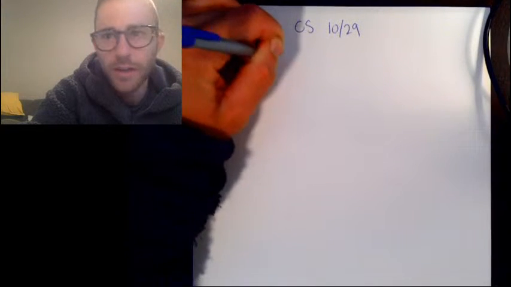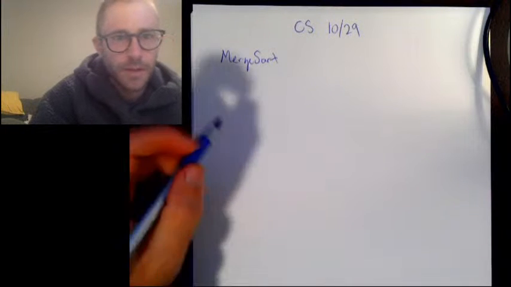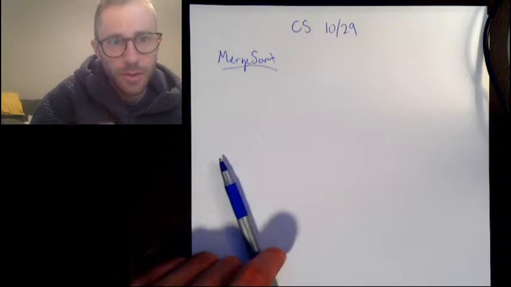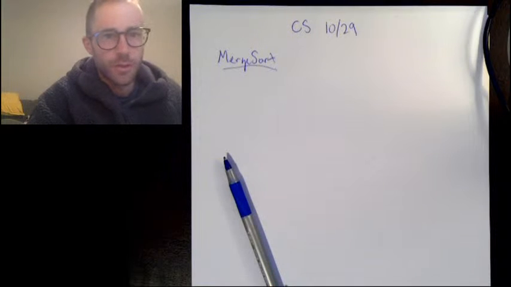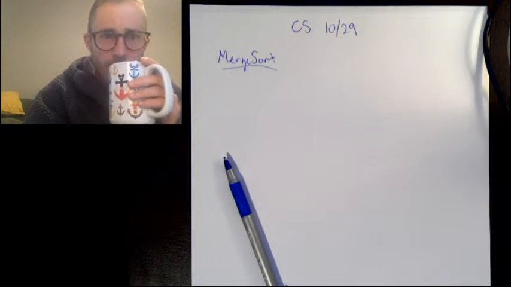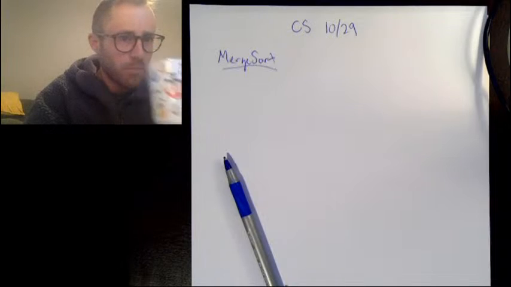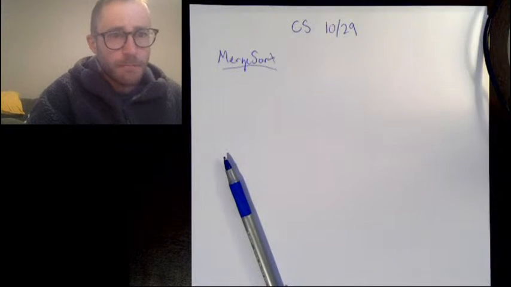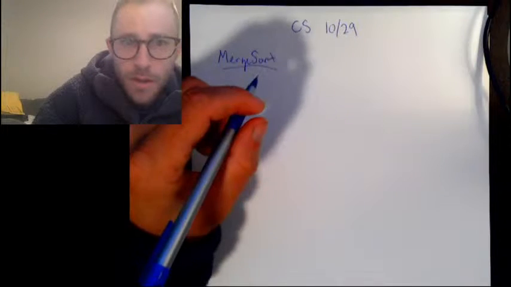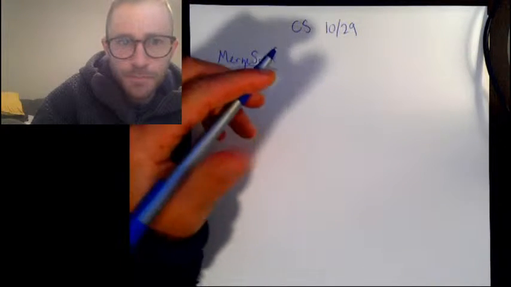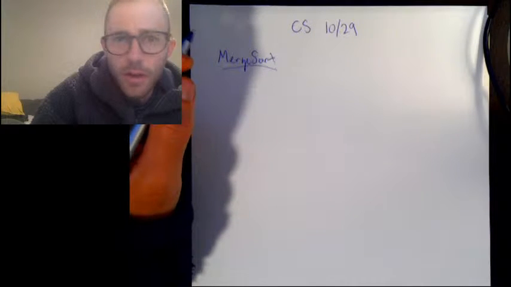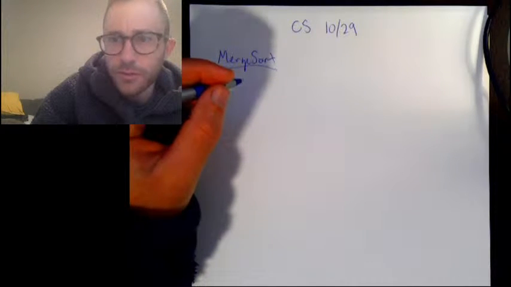This is a faster sorting algorithm than the other ones that we've learned about. We learned about insertion sort, selection sort, bubble sort. This is the fourth sorting algorithm that we're going to learn. And it's the fastest one.